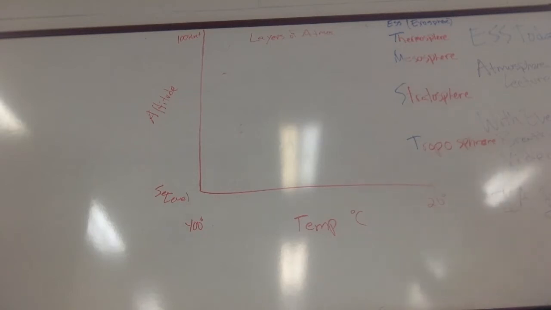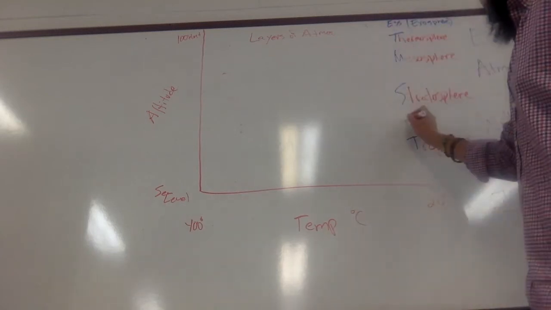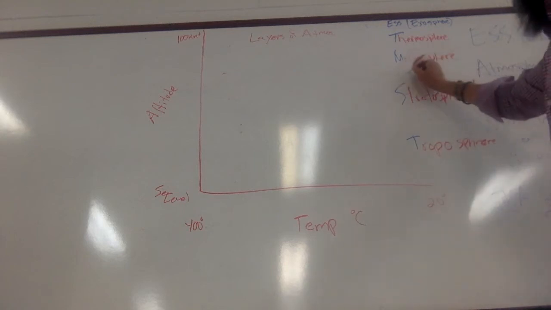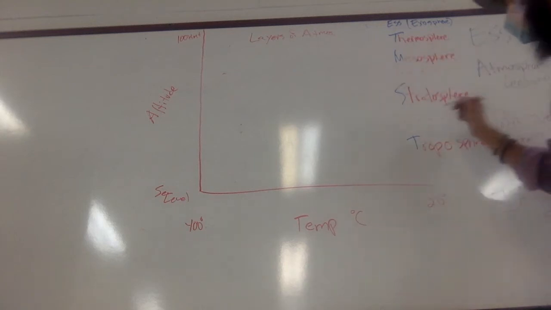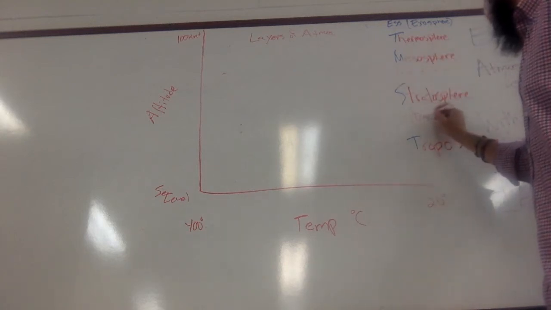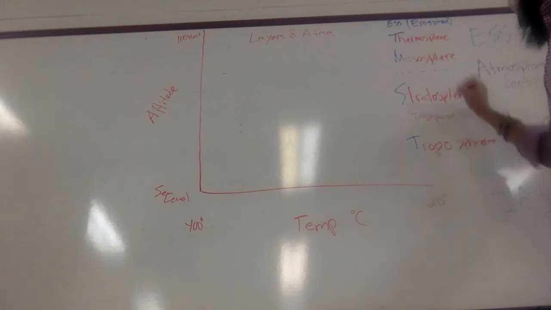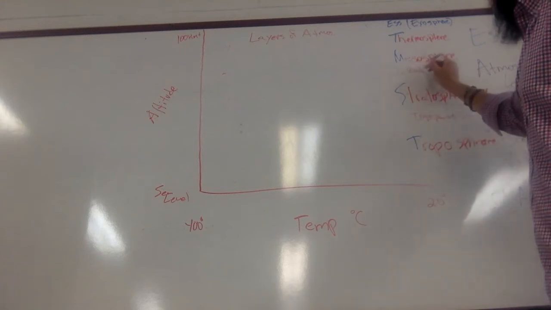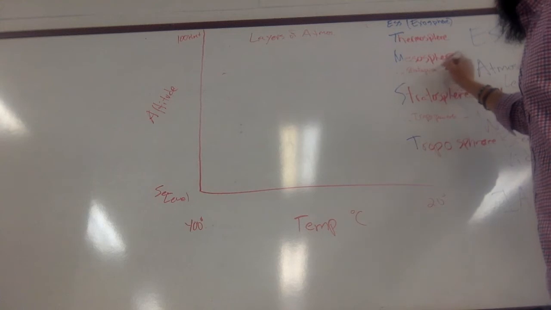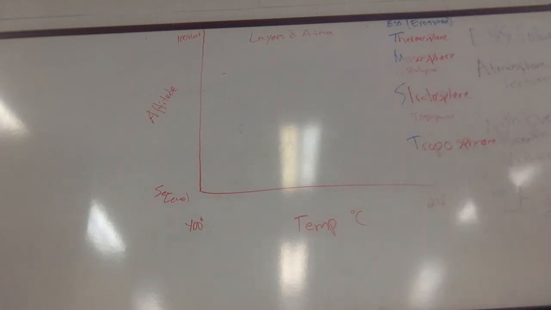In between each of these you have what they call different pauses. So there'd be the tropopause, then the stratopause, mesopause, etc. These are barriers that separate the layers.